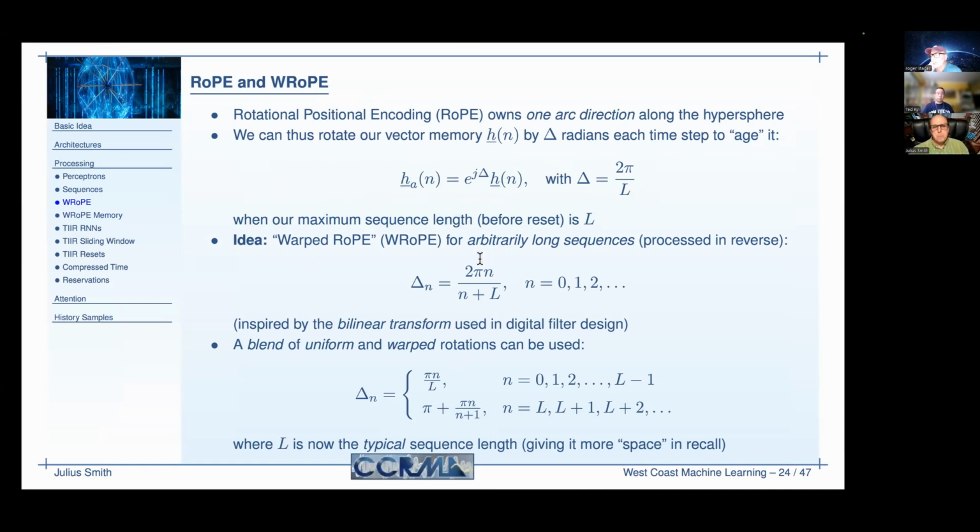But if it's indefinitely long, like some sort of RNN situation, then the idea, which is directly inspired by bilinear transforms in signal processing, is something we apply to the frequency axis to map the infinite analog frequency axis, the J omega axis in the S plane, to the unit circle in the Z plane.